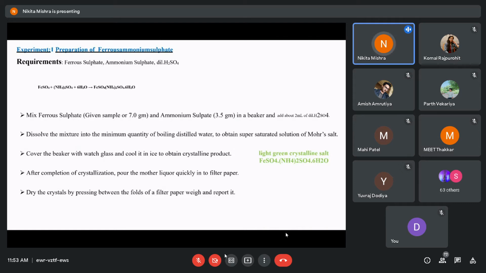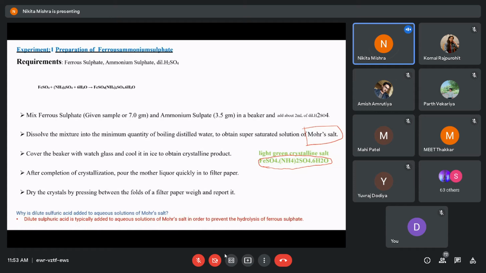Okay, so what we will obtain is the light green crystalline salt of FeSO4 (NH4)2SO4 6H2O, that is also known as Mohr's salt. Now we have added H2SO4. So why have we added the H2SO4 in this aqueous solution?